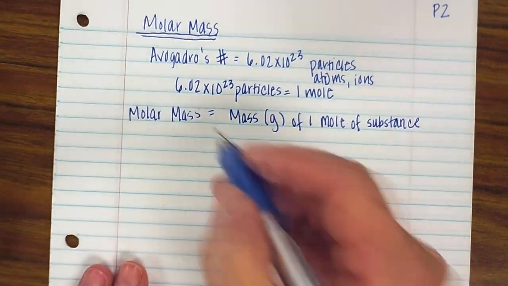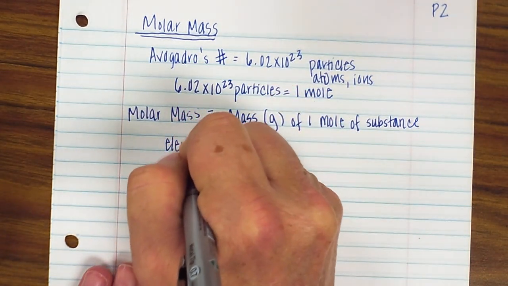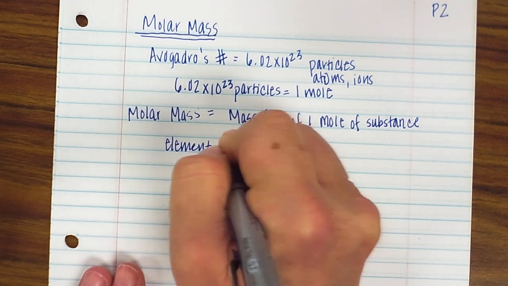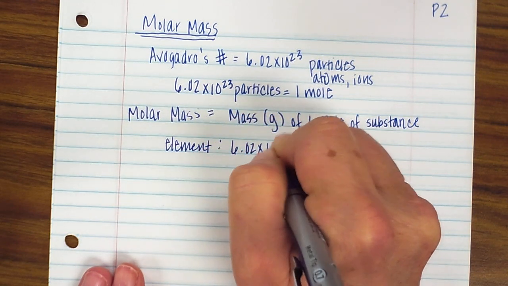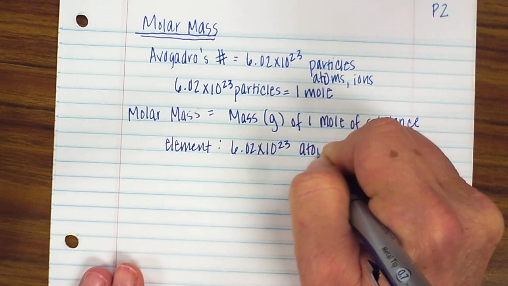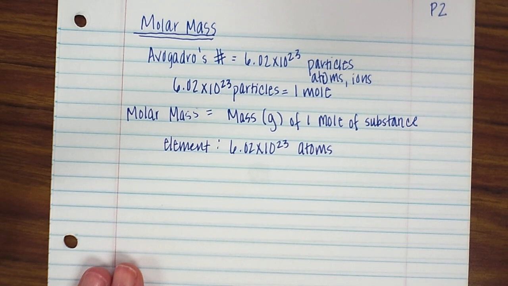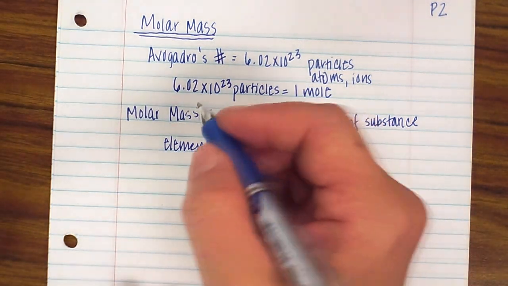So if it's an element, then it's going to be 6.02 times 10 to the 23rd atoms of that element, right? Because it's an element, so it comes in atoms.